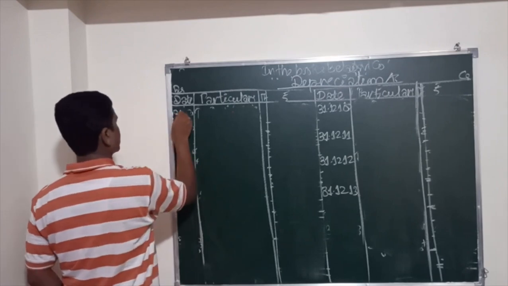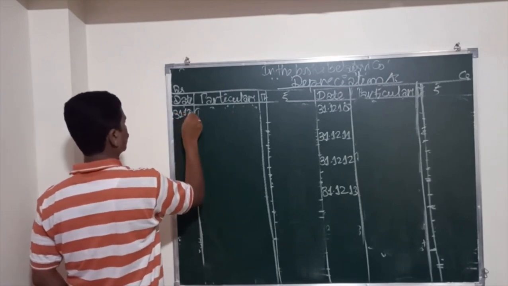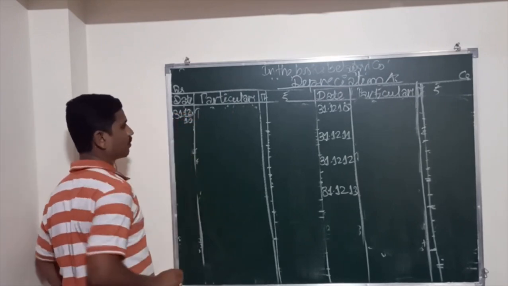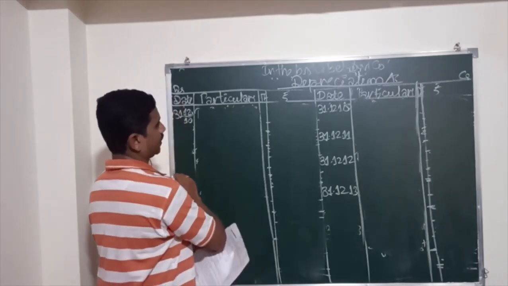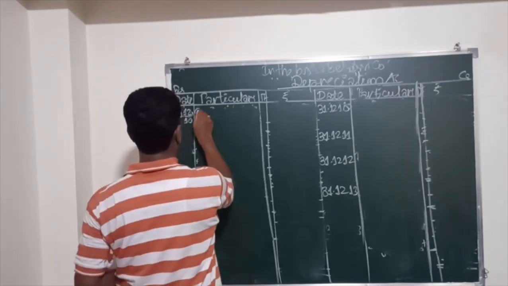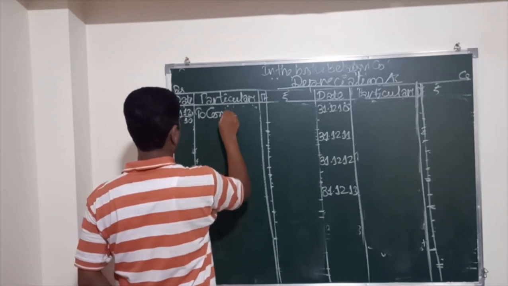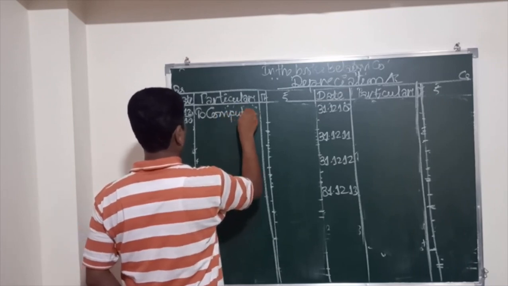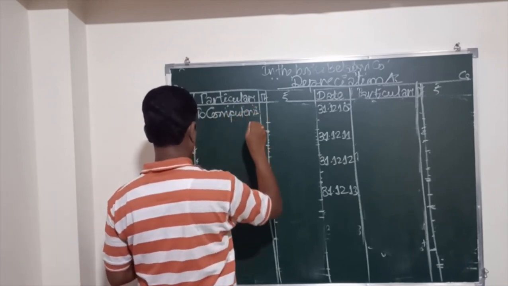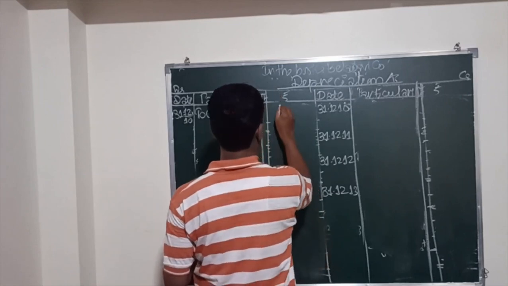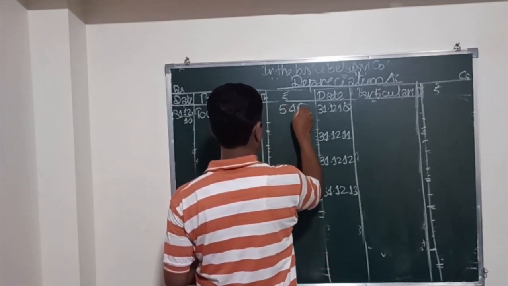When the depreciation is charged on 31st December 2010, the entry will be depreciation account debit to computer account. So the first depreciation we have calculated as 5,460.